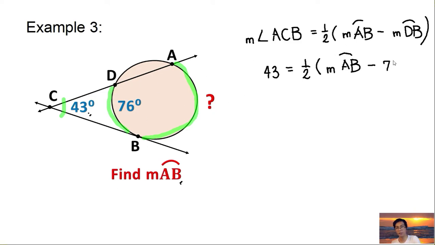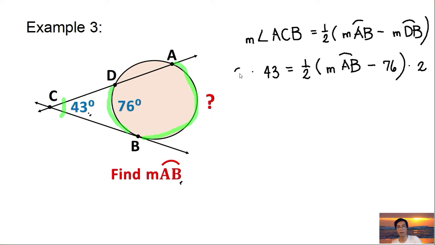Ayan. So, ito na ang ating magiging working equation. Hahanapin natin yung measure ni arc AB. Dahil may 1 half ka dito, kailangan ma-clear muna si 1/2. We can clear 1/2 here by multiplying both sides of the equation by 2. So, times 2 ka dito, times 2 ka rin dito sa kabila.